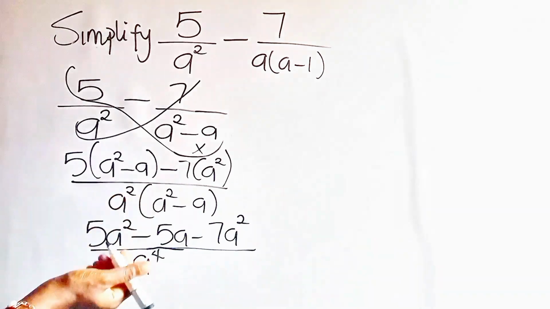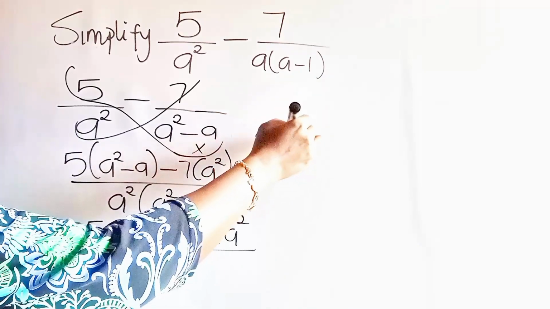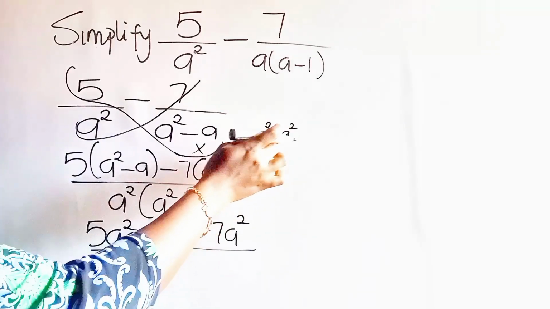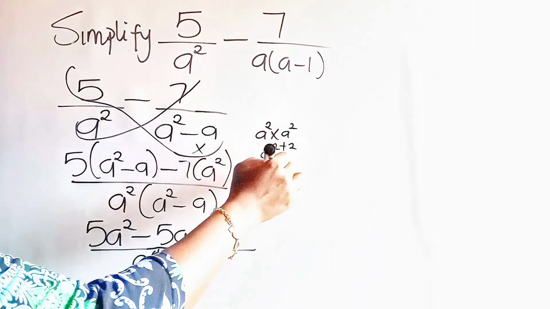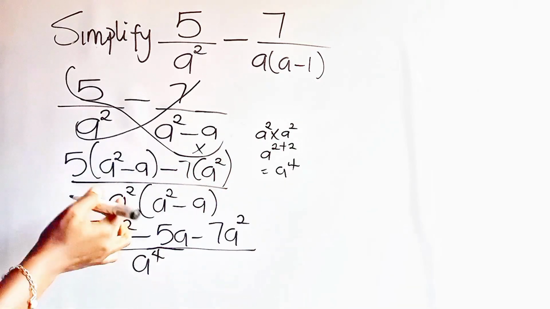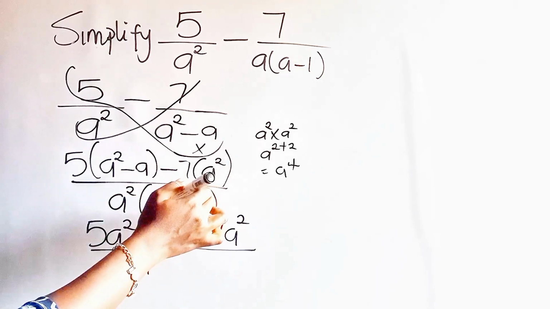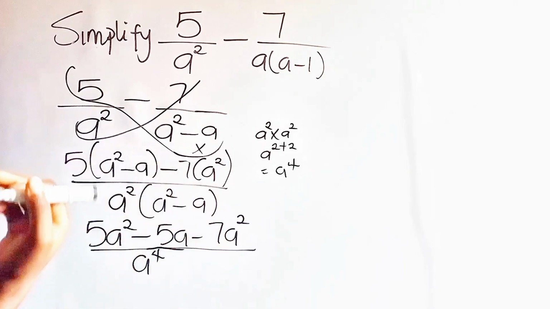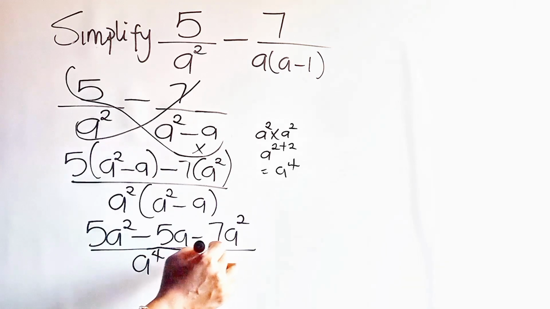Applying the laws of indices, a raised to the power of 2 times a raised to the power of 2, because they are the same base, we add the powers, it becomes a raised to the power of 2 plus 2, and this gives us a raised to the power of 4. If we do the same here, a raised to the power of 2 times a raised to the power of 1, we add 2 plus 1, and that will give us a raised to the power of 3. So we have minus a raised to the power of 3.